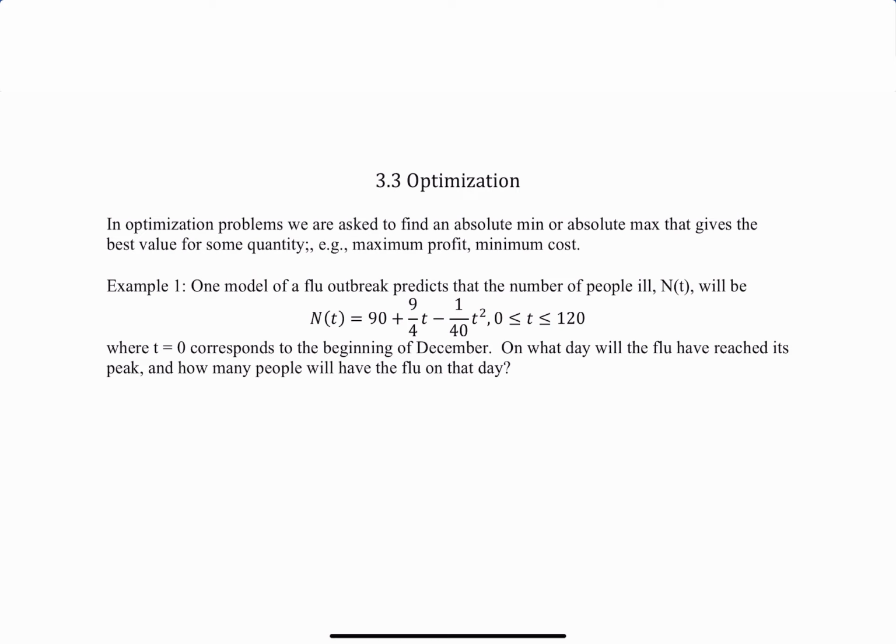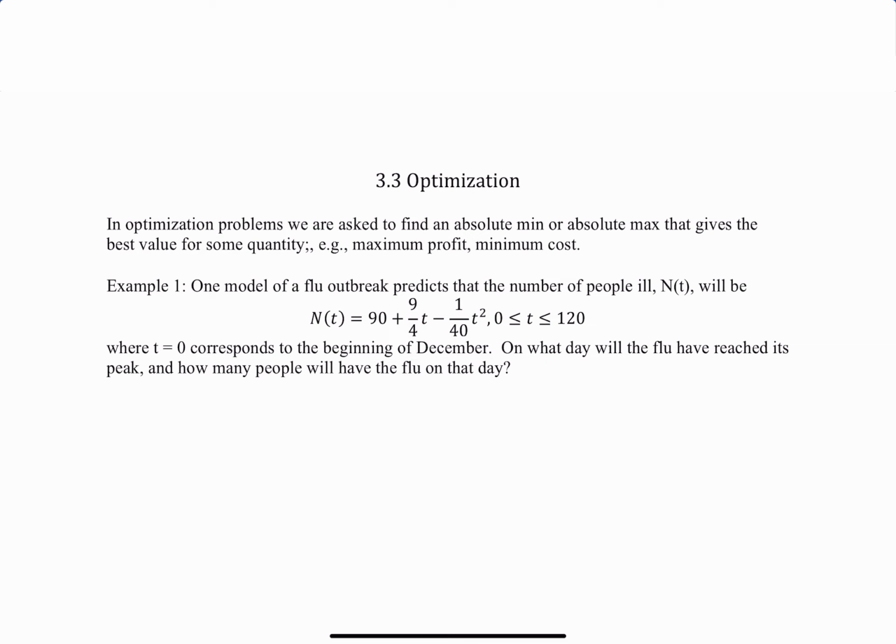Let's see an example. One model of a flu outbreak predicts that the number of people ill with the flu, N of t, will be given by N of t equals 90 plus 9/4 t minus 1/40 t squared, where t ranges from 0 to 120 inclusive.